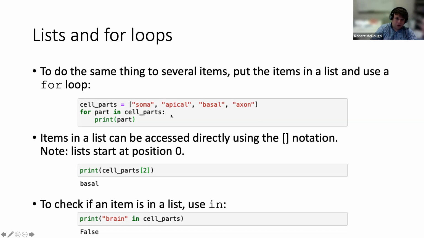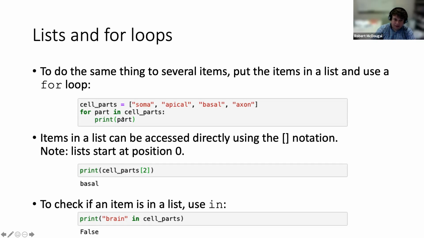And so I can loop over my list, right? For part in cell parts: the for statement means I'm looping over something. Everything that's inside my for loop, which I indicate with a colon to indicate the beginning, and then indentation indicates everything that's within that set.